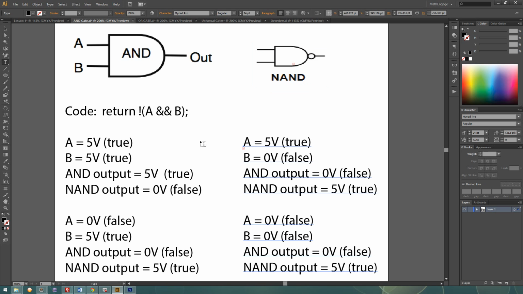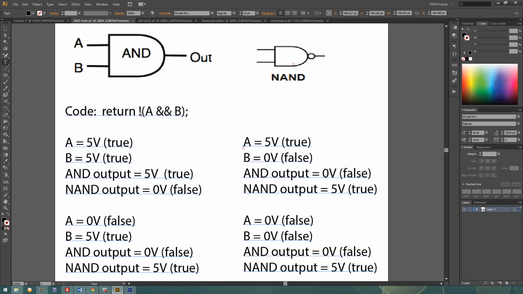If we were to represent that with code, we'd simply add this exclamation mark and then two parentheses, saying we evaluate what this expression is inside here, and then we flip it. So with this example, if A were true and B were true, that means the expression inside here would be true as well, which is our representation for an AND gate. However, a NAND gate would be false because we have that exclamation point.